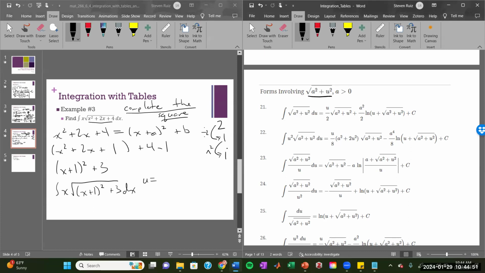Underneath the radical, what's the variable component? Should be, oh, I think it should be x plus 1. And then du will be what? dx. Does that help me rewrite this?